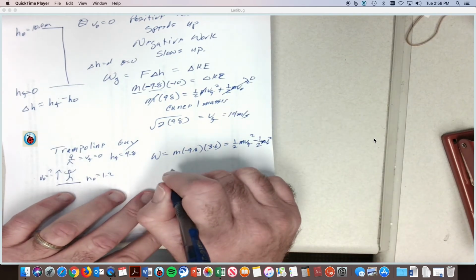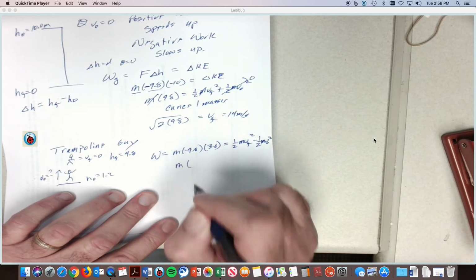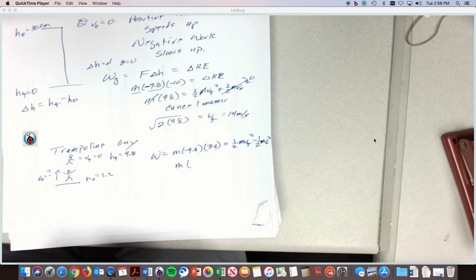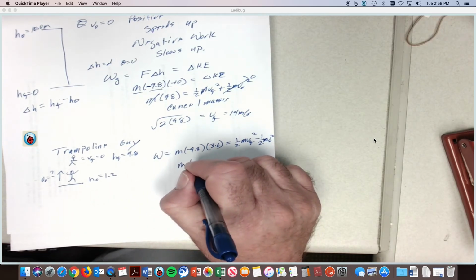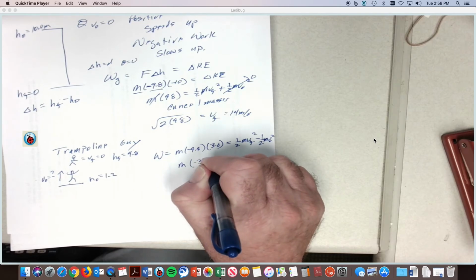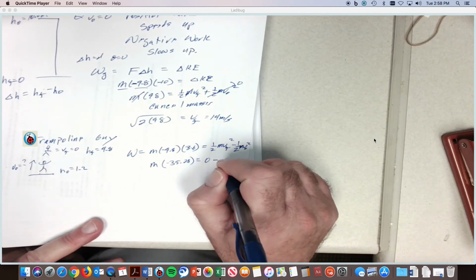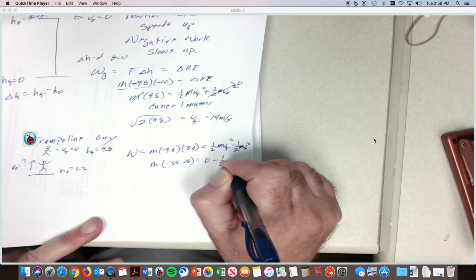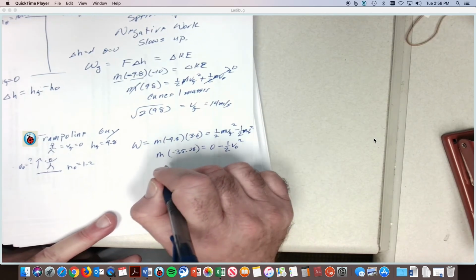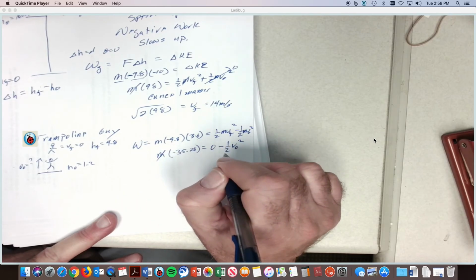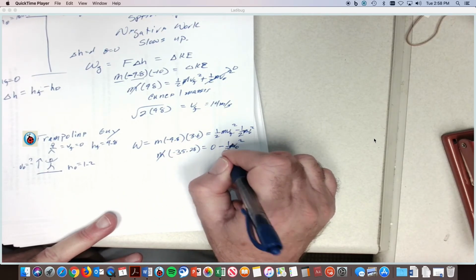Well, looky there. So we've got m times negative 35.28 is equal to 0 minus 1/2 m v naught squared. I think I got lucky today. Let's cancel the m's.